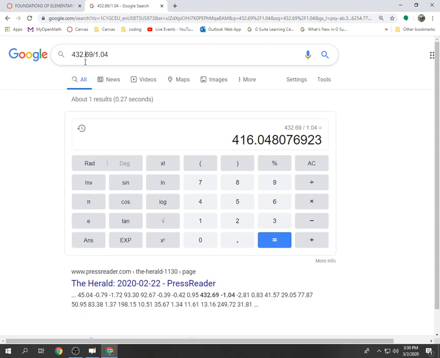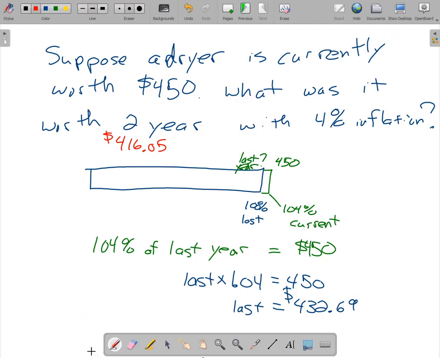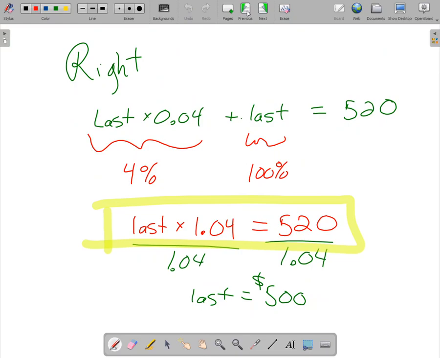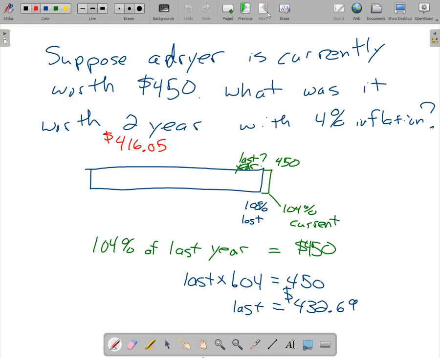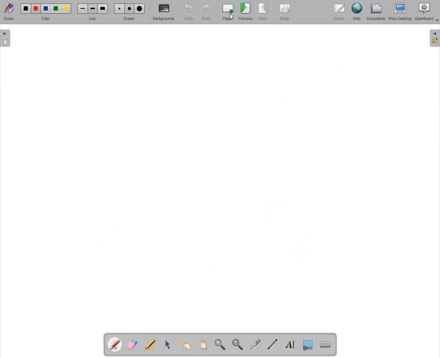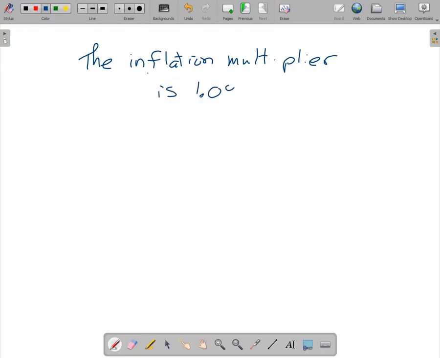Now, another way to think about this is that pretty much every year that goes by, the inflation multiplier is 1.04.